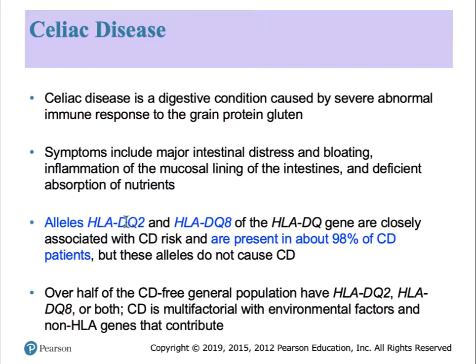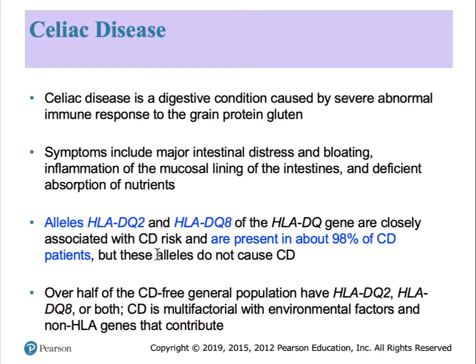Two alleles, the DQ2 and the DQ8, are closely associated with celiac disease risk. And these alleles are present in about 98% of CD patients.